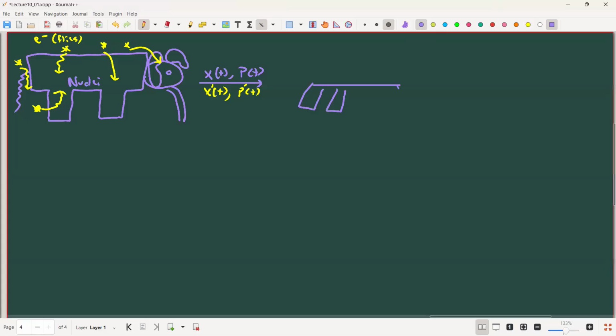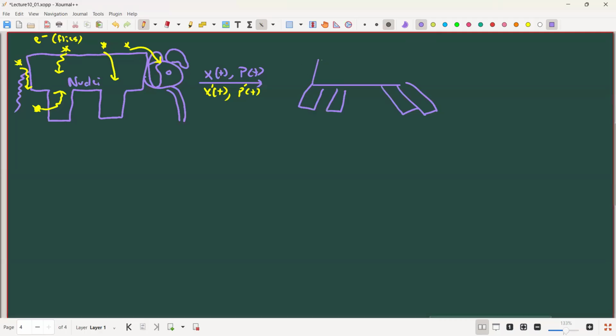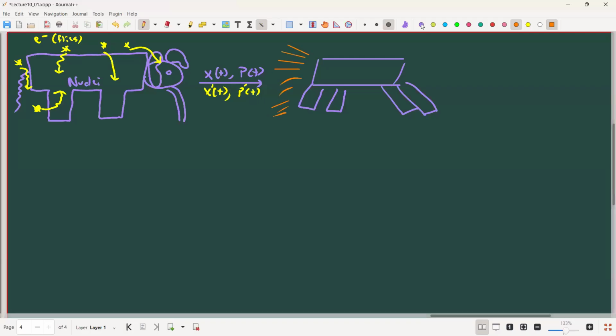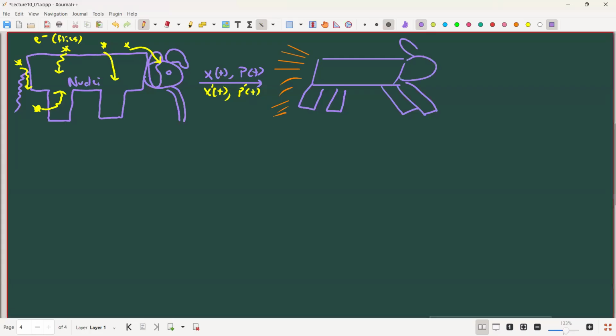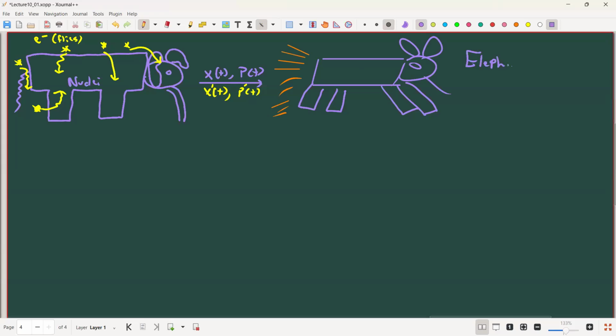I actually need to redraw him because I need to make him in motion. And I'll give him some anime action things like this. He's running away. And so what happens is the elephant suddenly changes position. And what happens to the flies?